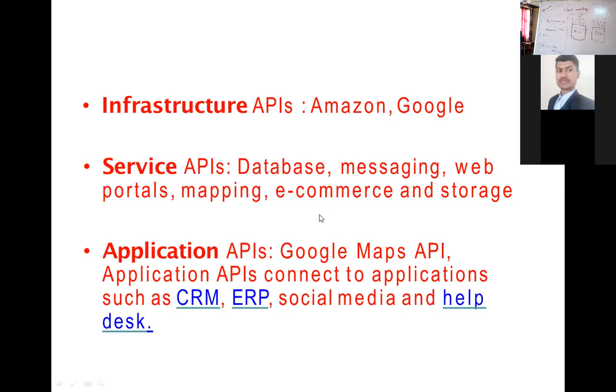And next is application APIs, like Google Map APIs, and APIs that connect to applications such as CRM, ERP, content resource management, enterprise resource planning, social media, and help desk. These are the application APIs provided by the cloud.